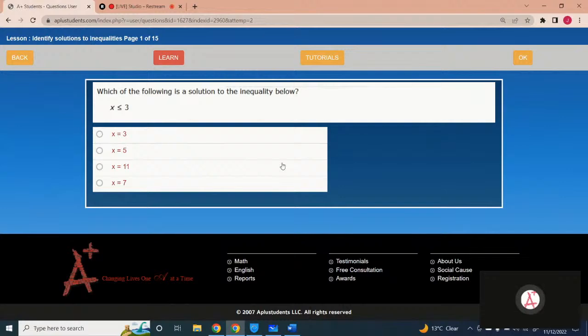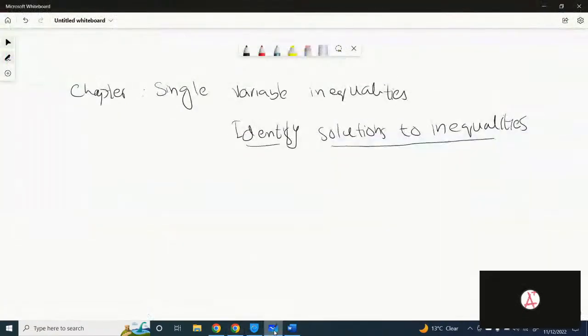X is less than or equal to 3. You have to find which of the following is the solution of the inequality.